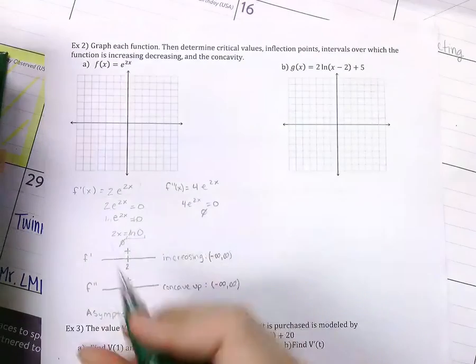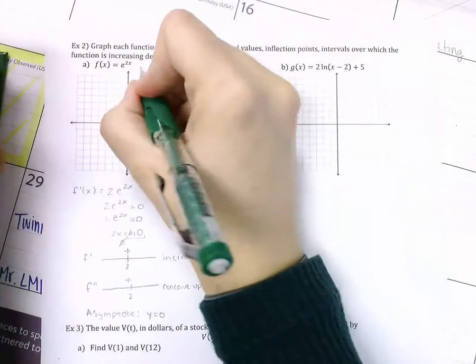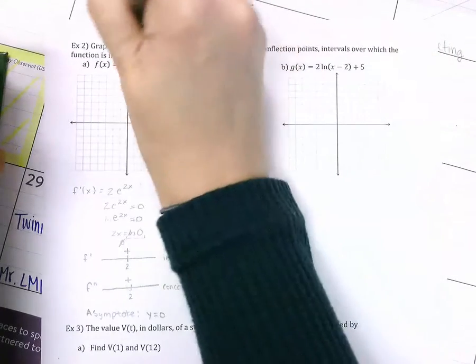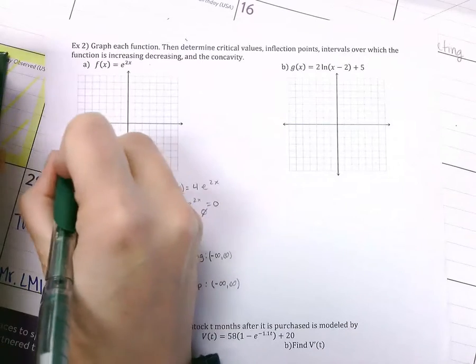So we have an asymptote at y equals 0. Pretty much for all e to the constant times x, you're going to get an asymptote of y equals 0 unless there's a vertical translation. So if it says plus 1, your asymptote will move up to 1. If it says minus 1, your asymptote will move down to negative 1. So ours is at 0. That's something we can graph.